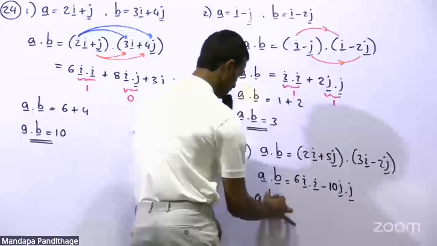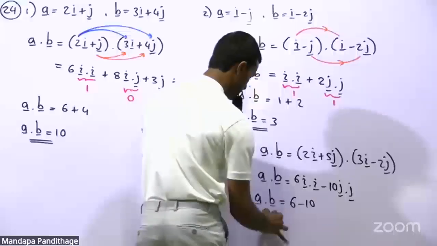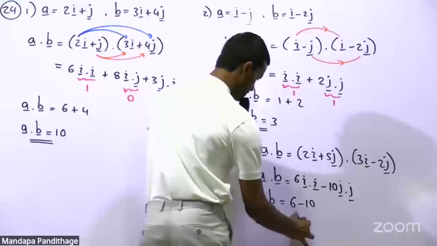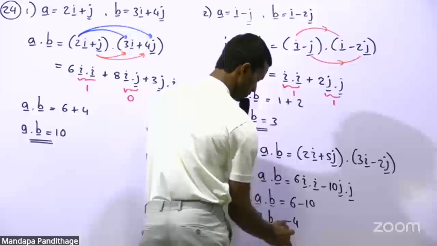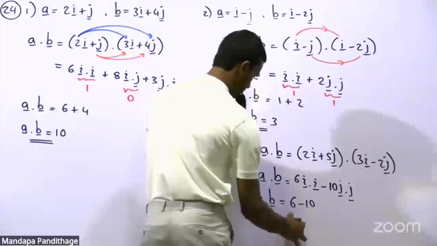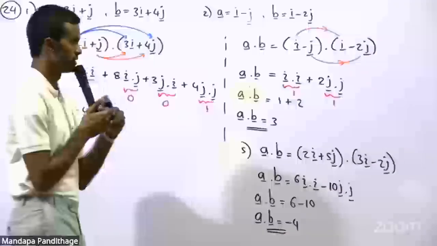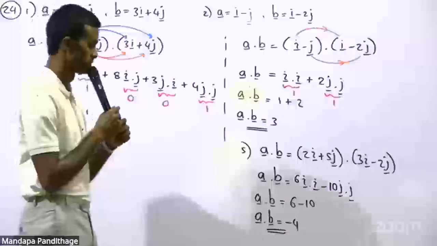Both are 1. So it's 6 minus 10. So A dot B is equal to minus 4.